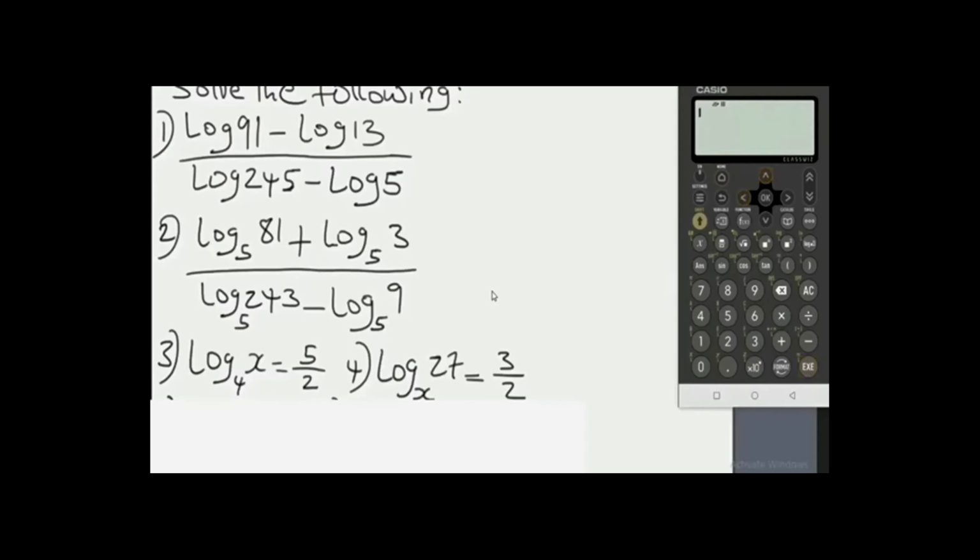So let's do log base 9 of 27. We're going to have 3/2. You see, so the value we got is correct. It's as simple as this.